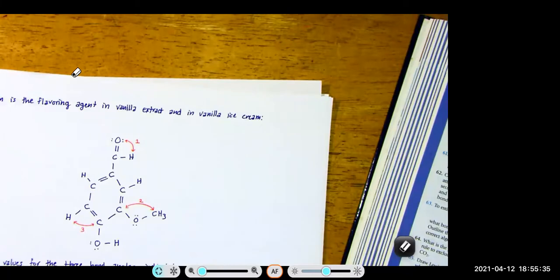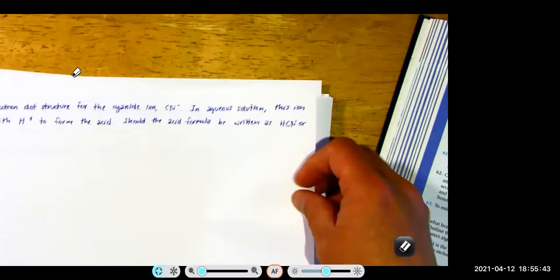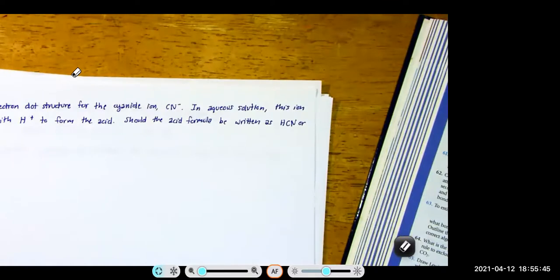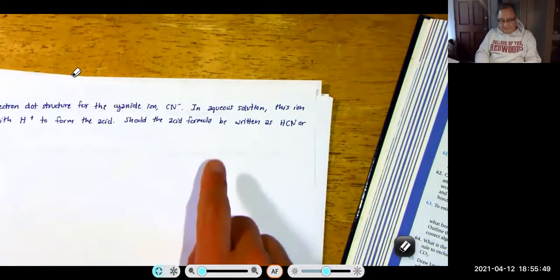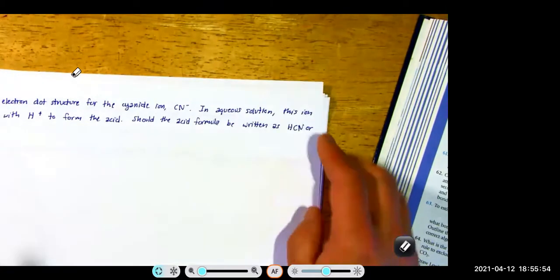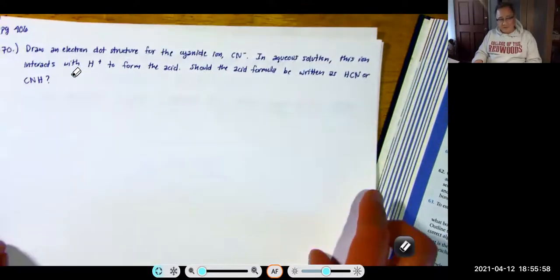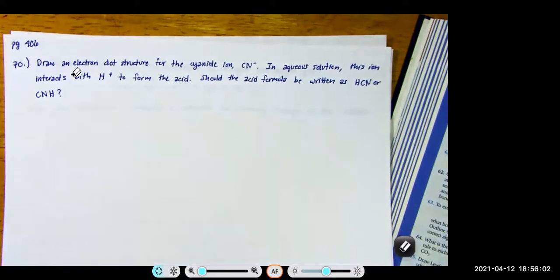I don't have the questions written down, but it was when you have like where they would make the bonds. So here's one. Yeah, with H plus. It's right around there, exactly. Okay, so here's a perfect one then. Is that 70? Yeah. Okay.